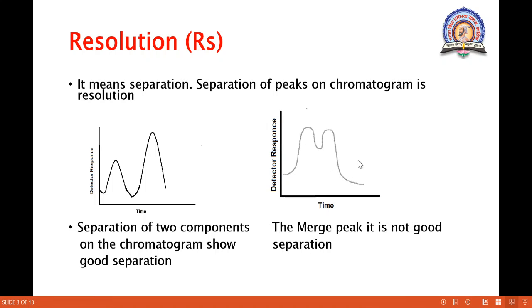By observing these two graphs, we see that here the separation is completely done, while in this case the compounds are merged. That's why the separation is not good. So the separation of the two components on the chromatogram shows good separation, while the merged peak does not show good separation.